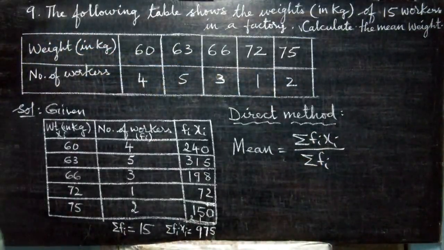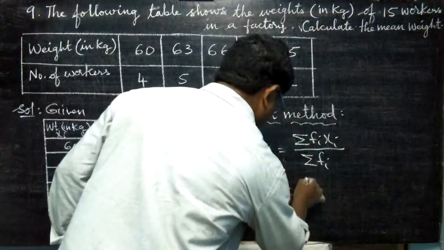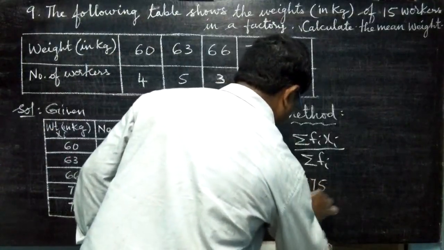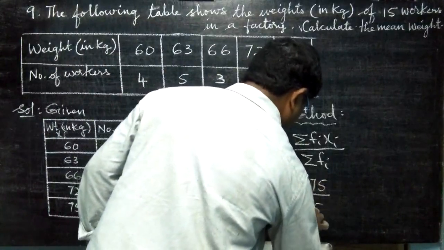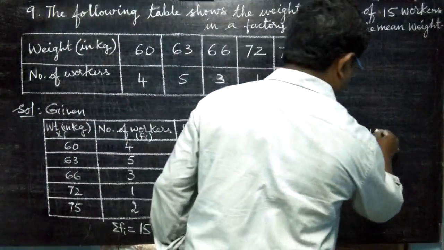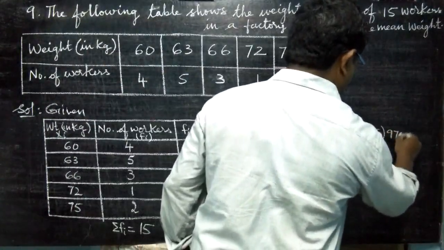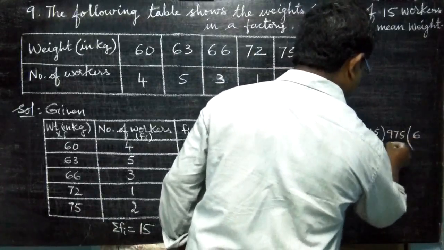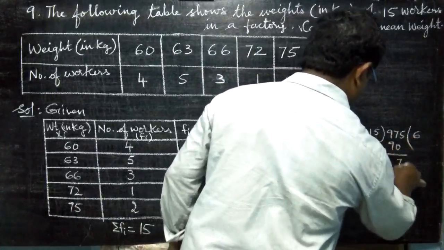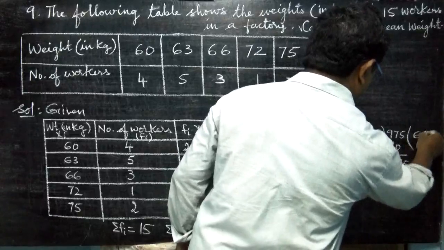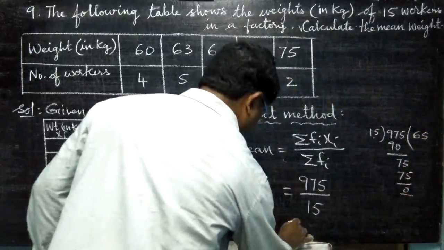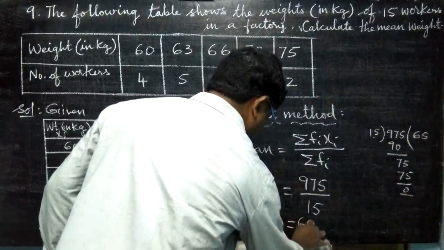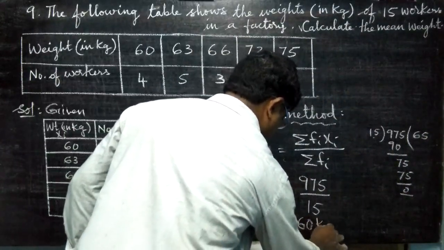Now that is equal to 975 by 15. 15 divided by 975. 15 6s are 90. 7 remaining. 5, 75. 15 5s are 75. 0. So that is equal to 65 kgs.